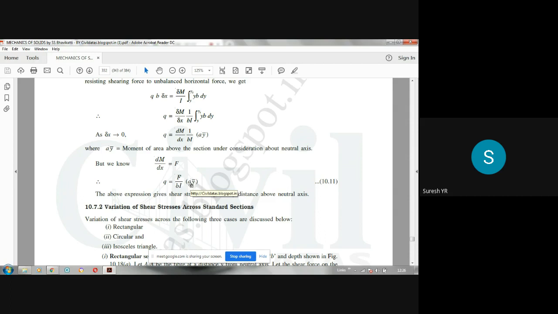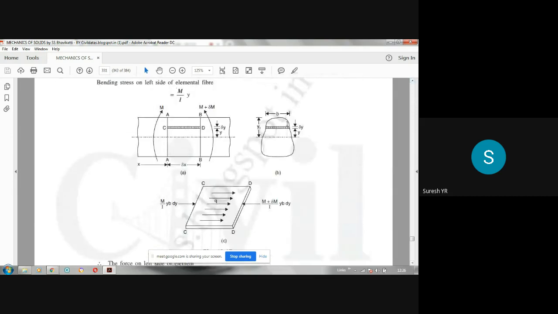This a is nothing but the area of the section above this fiber. Suppose you take it at the neutral axis, what is the value of a? If you consider a layer here, you have to take the area above it. Suppose you take somewhere here, whatever area is above it, you have to take.